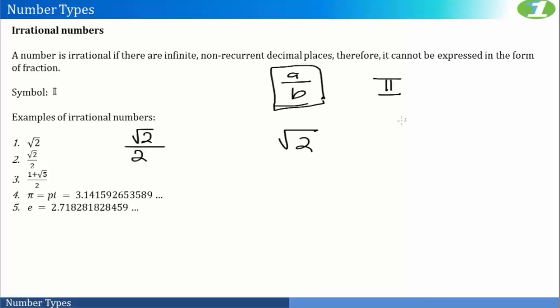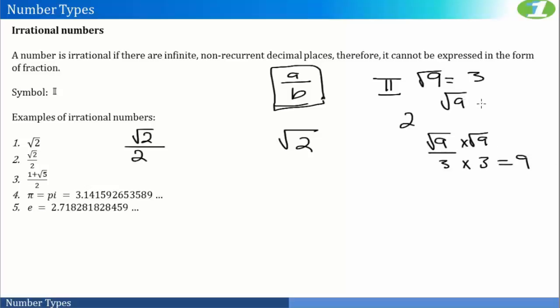If I took the square root of 9 to be 3, and let's say I multiplied root 9 times root 9, then this would actually be 3 times 3. And so this would give me 9. All right, so actually root 9 times root 9 gives you back 9. So therefore, root 2 times root 2 should give me back 2.